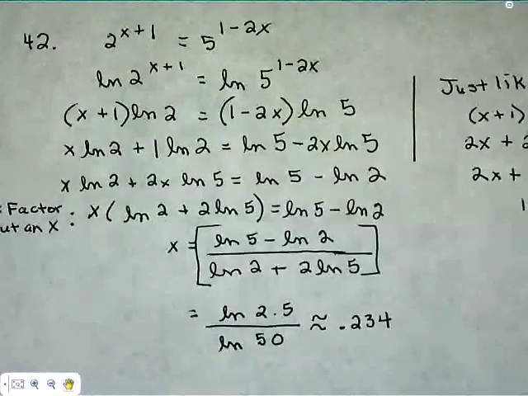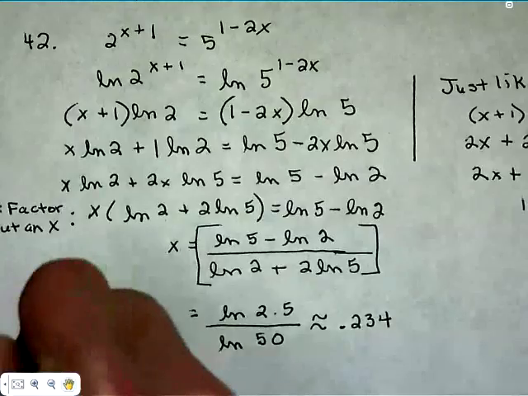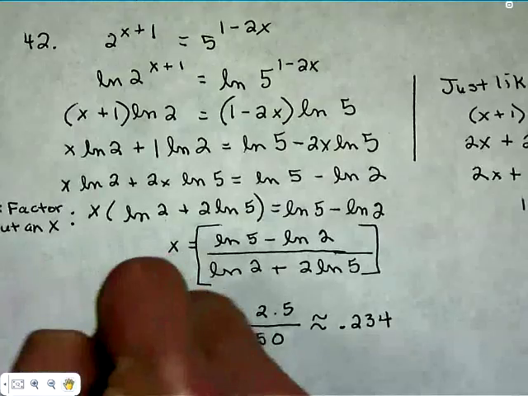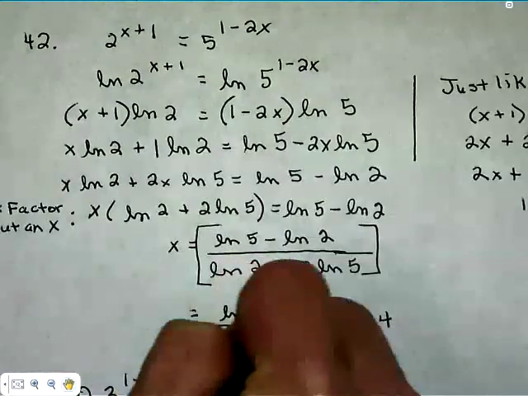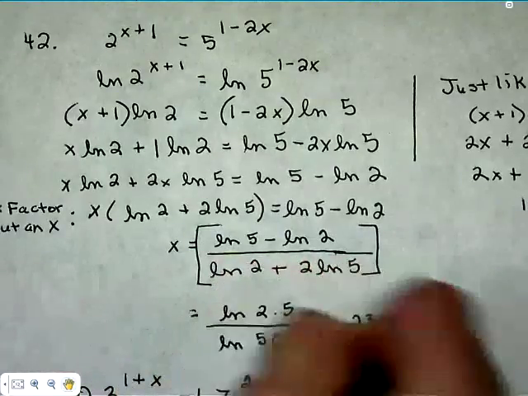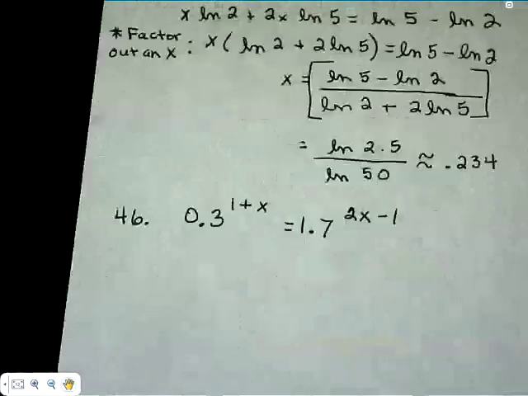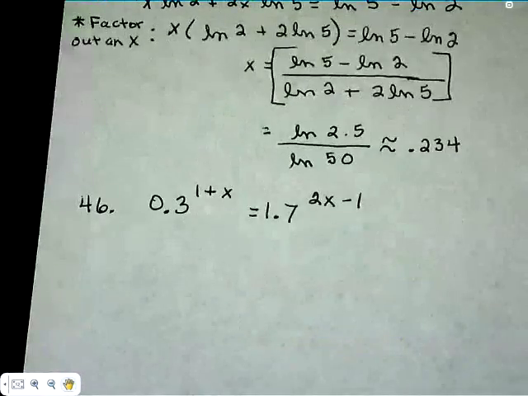All right, I need to do one more, despite the fact that other folks are getting ready to go. I know we need to do another one like 42, so let's do 46. It's the exact same thing. I can't write both sides having the same base, so I'm going to have to use logarithms to unexponentiate.